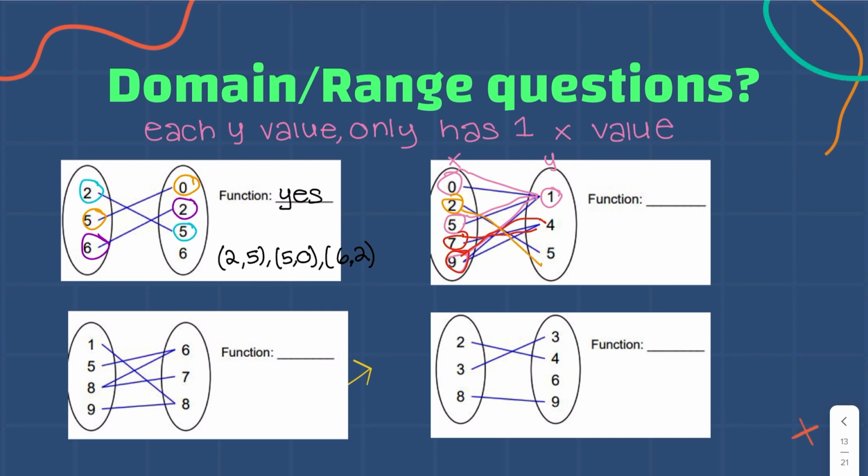So 4 has 3 x values going to it, and 4 has 2 x values, so this is not a function. No. Go ahead and try the next 2 on your own, and we will go over it.